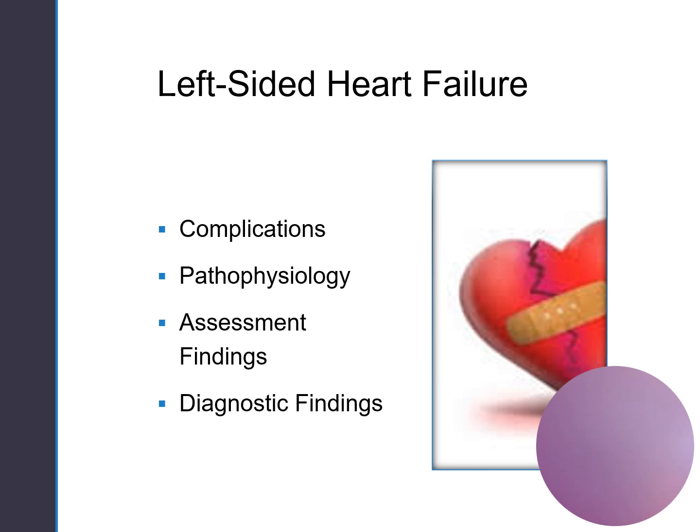With left-sided heart failure, we are looking at the left ventricle failing, and that muscle is not contracting forcefully enough to expel blood into the systemic circulation. So then we start seeing backup. So think about the blood flow through the heart.